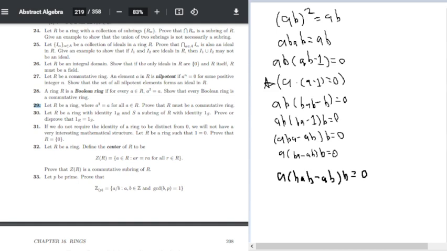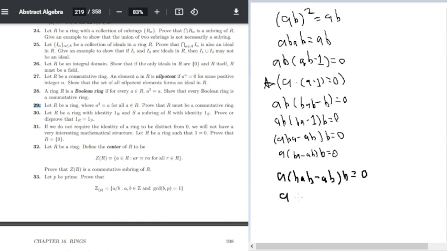Well, in this case, I guess what we can do is we have ABA, BA minus AB. And we pull out the, oh wait, actually, let's think about this.